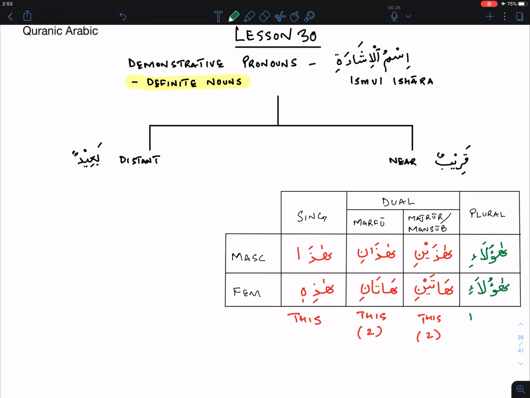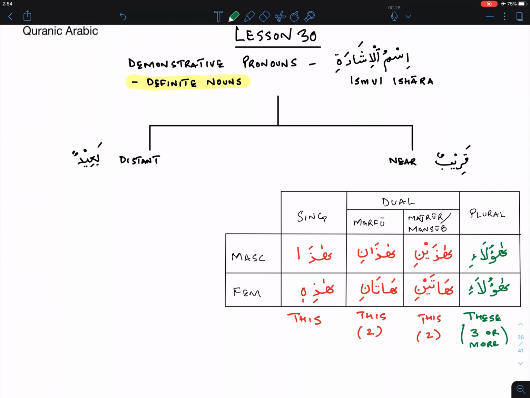It means "these", for three or more. So that's the near noun, and the distant one we'll cover later, which is again a table similar to this, in the next lessons.